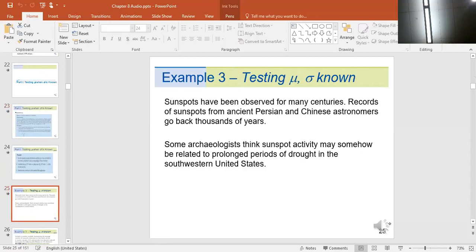Example. If sigma is known, Z equals to x bar minus mu.